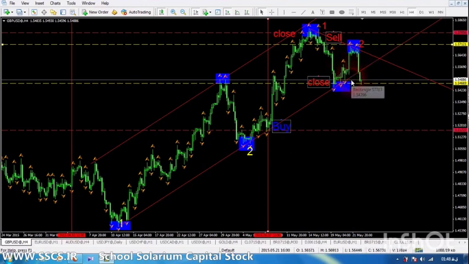So my new trend line connects this swing high to this one, which is lower than that. And the reason why I drew a new trend line is that the price has gone further than my trend line here. So let me draw it, the parallel one.